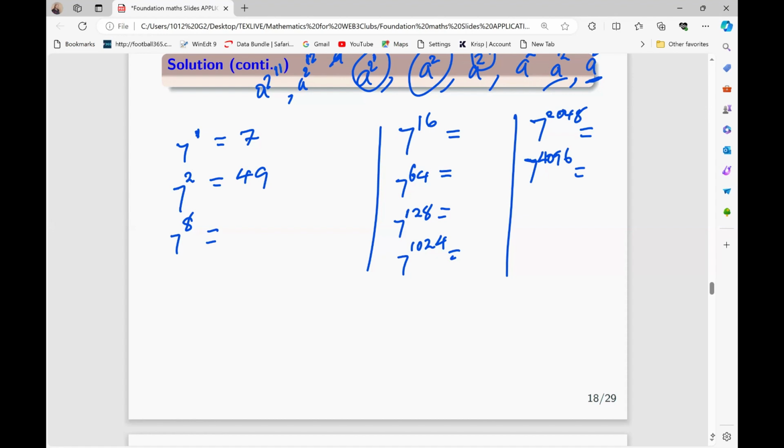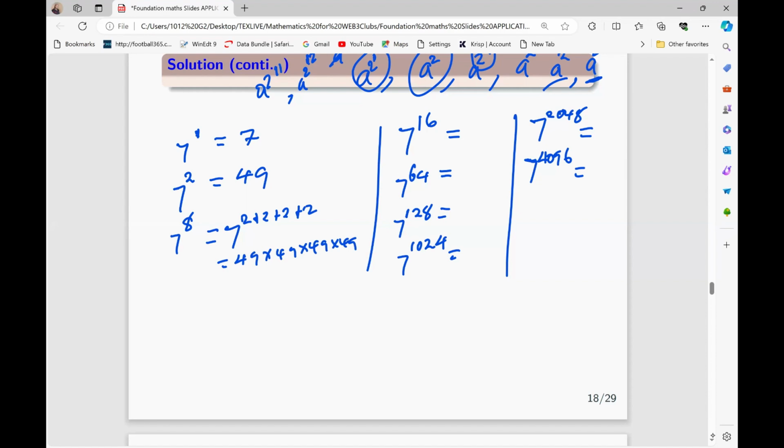And we know that 7 raised to 8 is the same as 7 raised to 2 plus 2 plus 2 plus 2, which is the same as 49 times 49 times 49 times 49. Is that okay? Remember the mod.